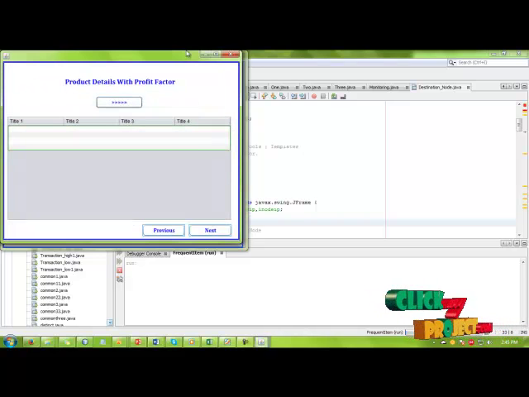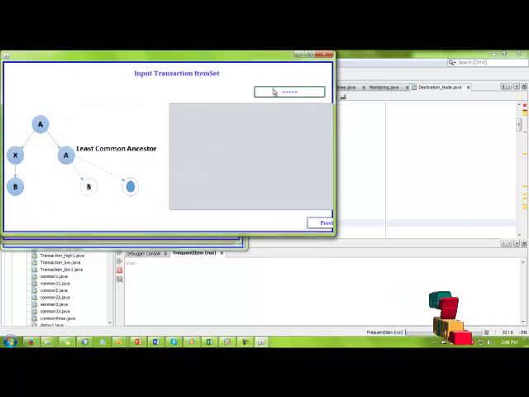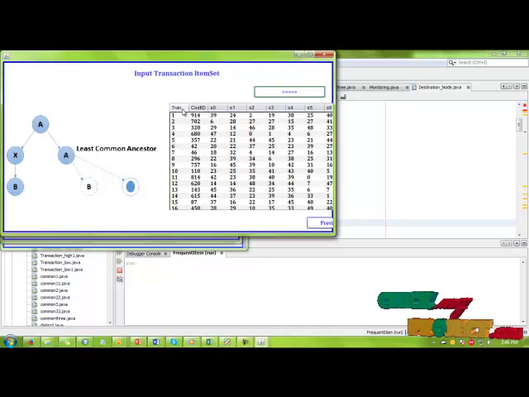First click by profit. Depending upon this profit factor, here we list out the items with their names and their profit for each item, with the grams. Click next. Here is our input data set: transaction ID, user ID, and their purchasing items.